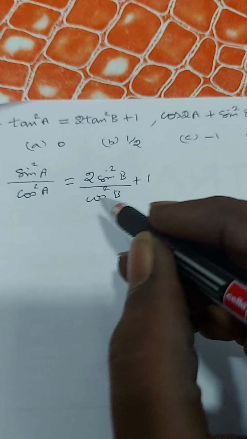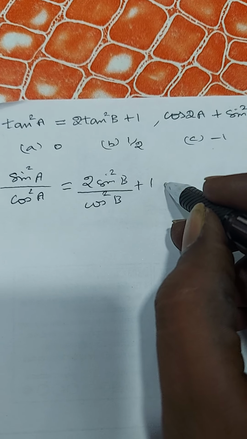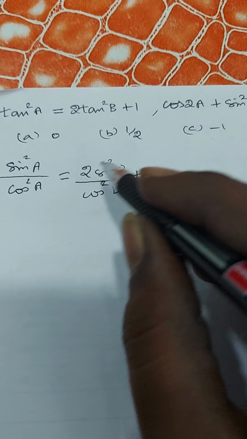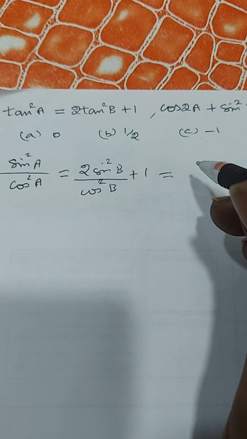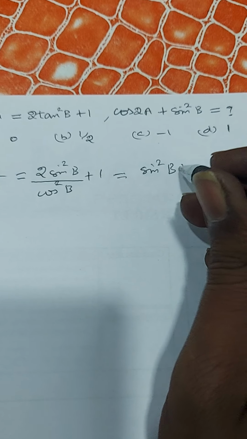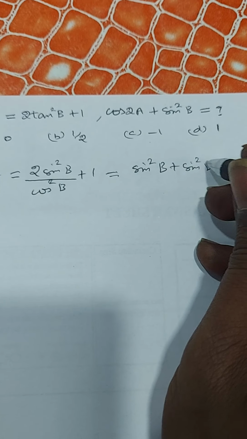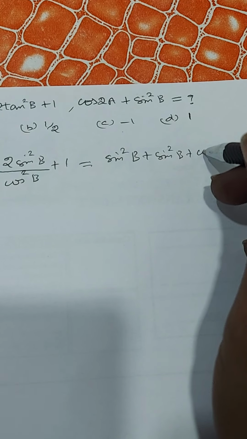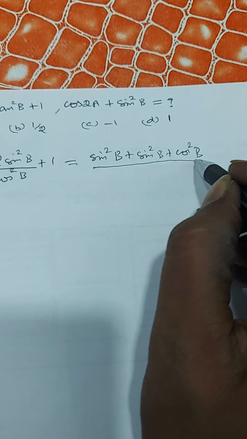Here we can just take the LCM, which is cos square b. This 2 sin square b can be written as sin square b plus sin square b. Taking the LCM, we get cos square b whole divided by cos square b.